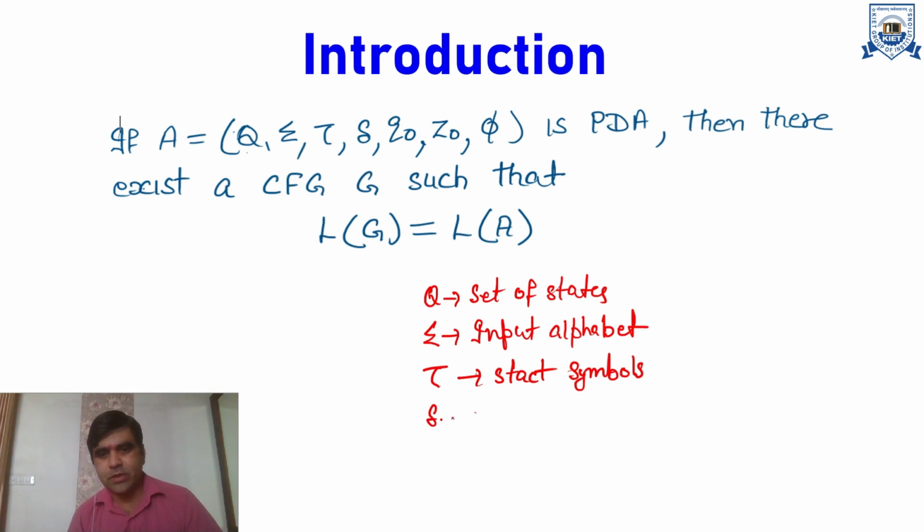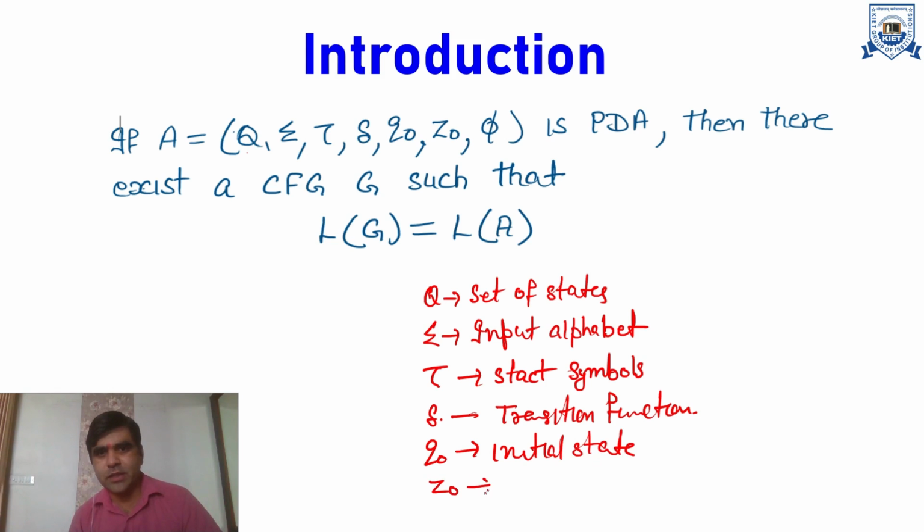Delta is the transition function for your push-down automata. Q naught is the initial state. Z naught is the initial stack symbol.